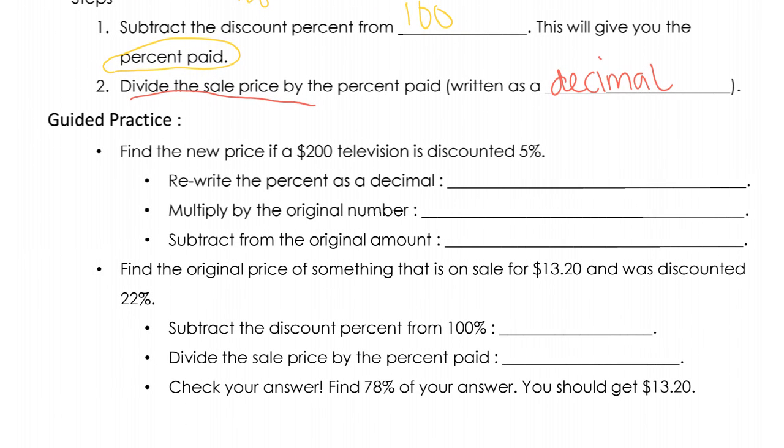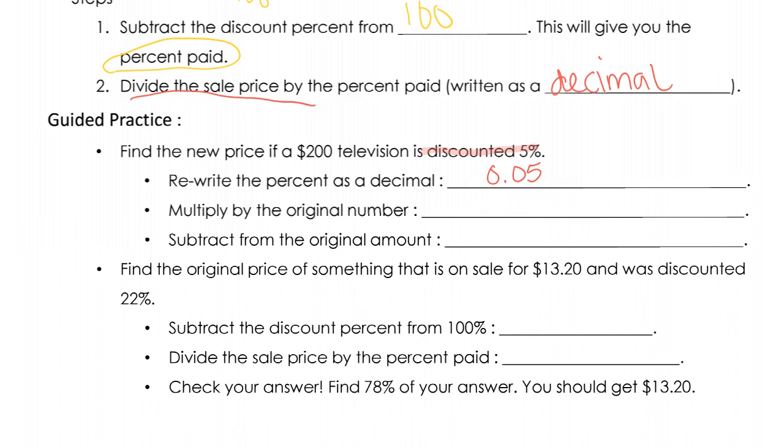So we want to find the new price if it's discounted by 5%. So we rewrite that percent as a decimal, which think back to 3.5. Okay, so this as a decimal is 0.05.